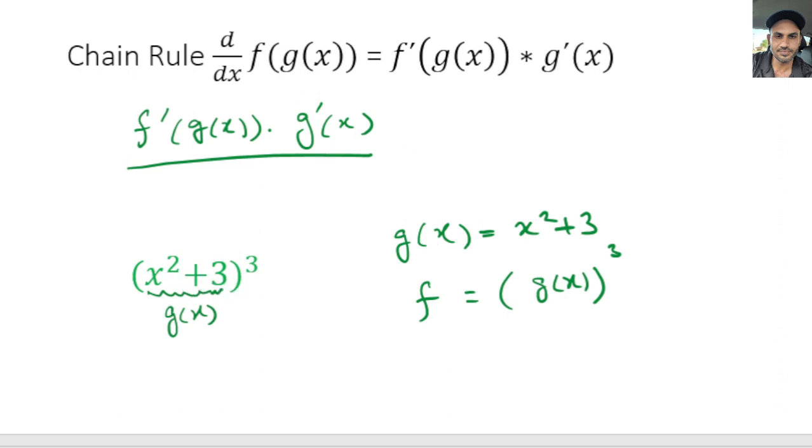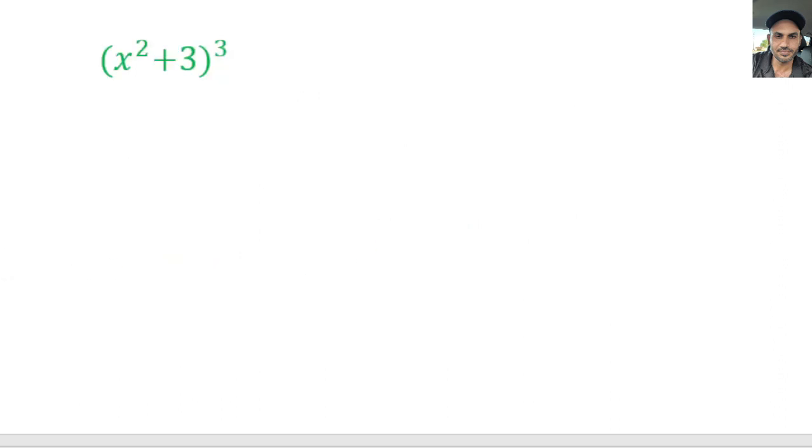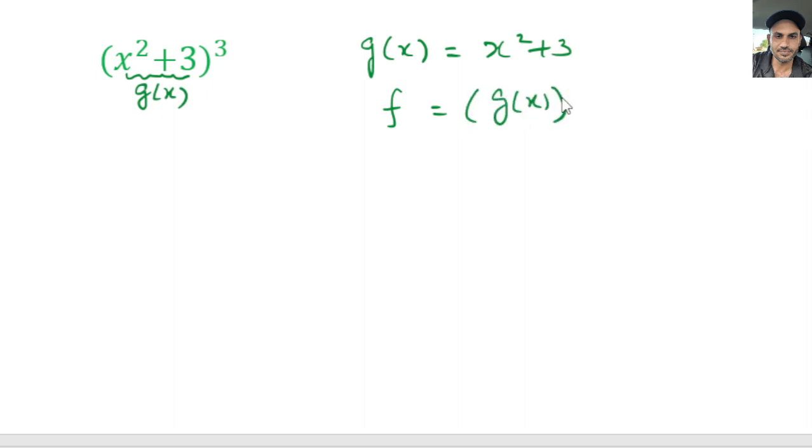So let's go ahead and do this on this page. Here we have g of x equal to x squared plus 3, right? This g of x is the input of our main function, which is f. So f is basically taking the cube of g of x.